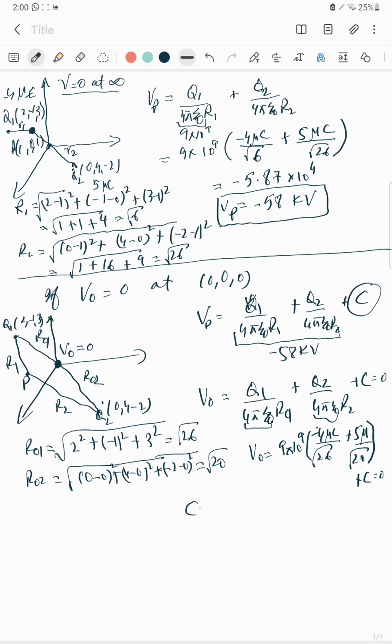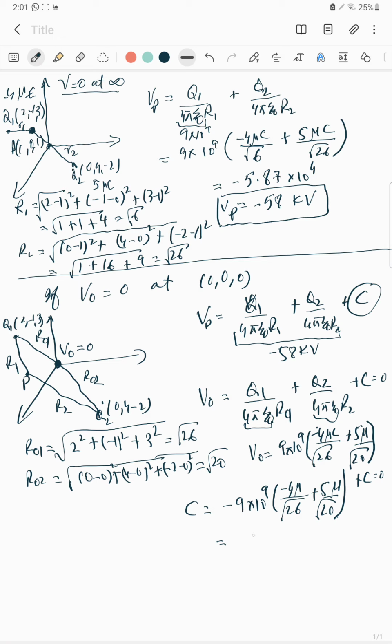So C will be equal to minus 9 multiplied by 10 to the power 9, and I take it to the other side, so everything will become minus, and that will be minus 4 micro divided by R01 plus 5 micro divided by square root of 20.